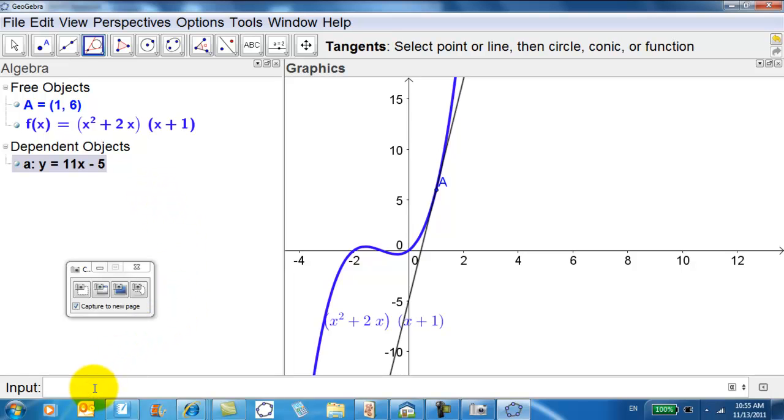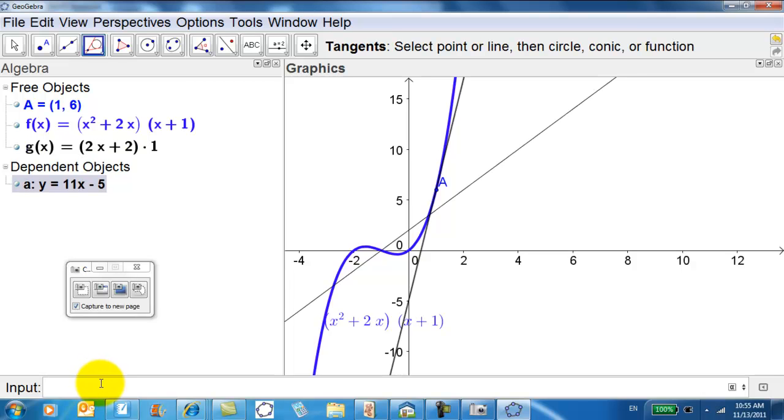Now, some of you were thinking, did we have to do the derivative that way? What if we did the derivative as 2x plus 2 times 1, 2x plus 2? That would be the derivative function, and notice how that's different than the derivative function that we get of f of x here.